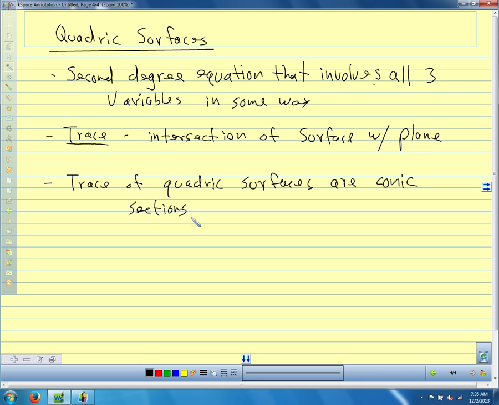the page. So the book has a nice table listing out quadric surfaces, and I'm not a big one for memorizing the forms of the equations, but there's a nice table on page 796 and 797. It has a table with quadric surfaces and their standard forms of their equations.